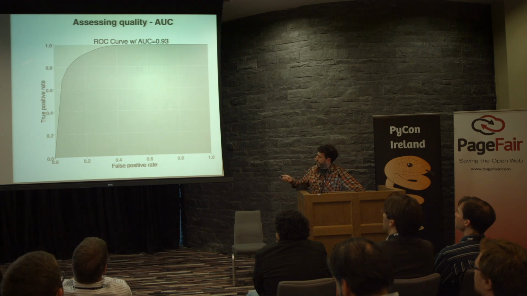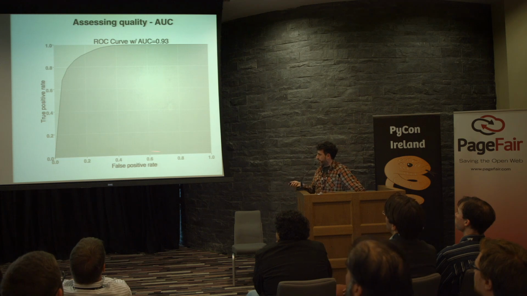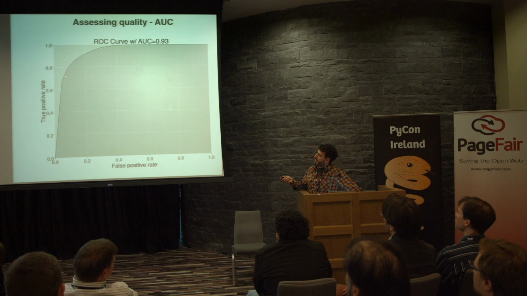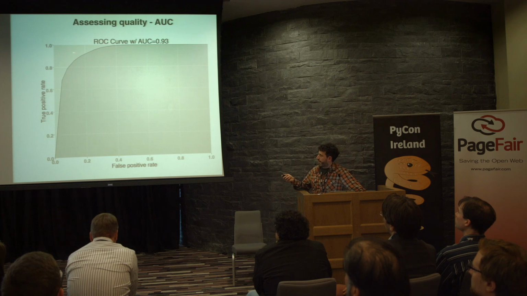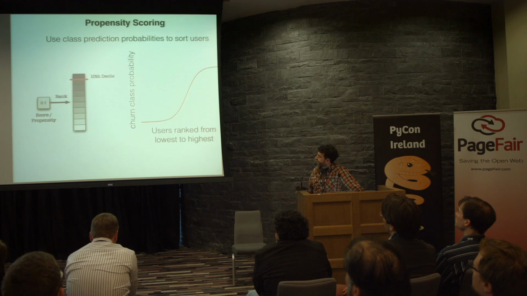So this is true positives against false positives. But as I relax that threshold, then I find more and more positive instances, and my false positive rate starts to go up. You want to be way up here. You want your curve to be right up here. So very few false positives and loads of true positives. So 93% would be a pretty good result.